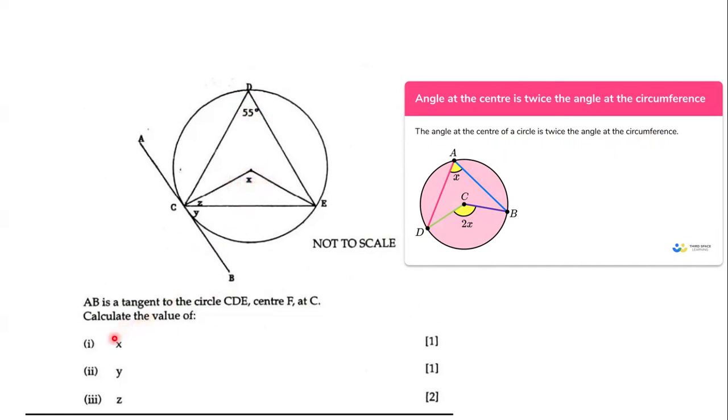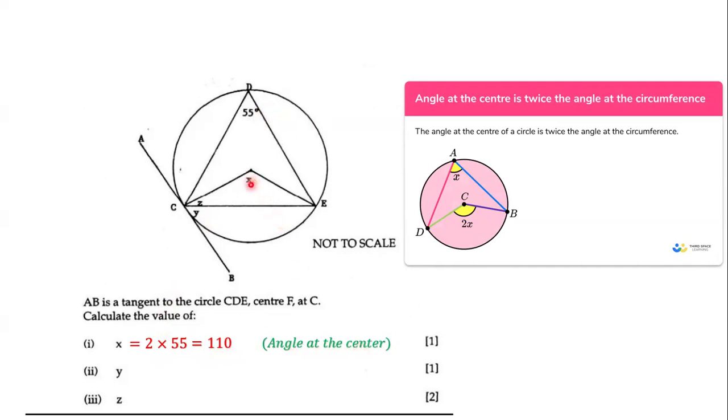So angle X, which is the angle at the center, is going to be 2 times 55 degrees, because the angle at the center is twice the angle at the circumference. 2 times 55 degrees is 110 degrees. That's because of the angle at the center theorem.